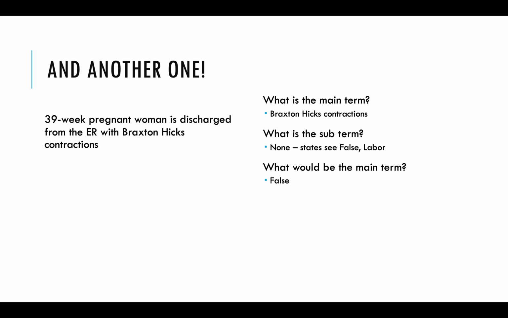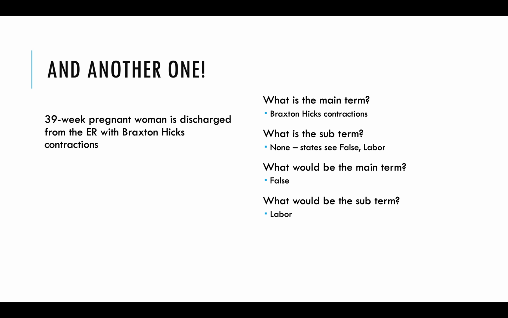I hope you're coming with me, and if you need to pause the video at any time, you go ahead and do that. So we're looking at false. Make sure the spelling is correct. Okay, so I have false here. And for the subterm, my subterm would be labor. So I have it here.